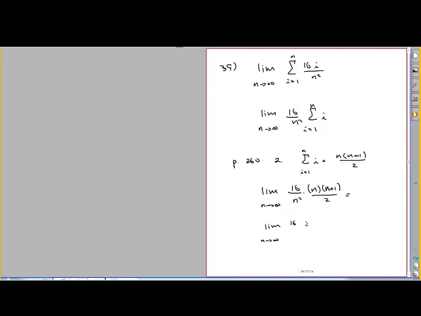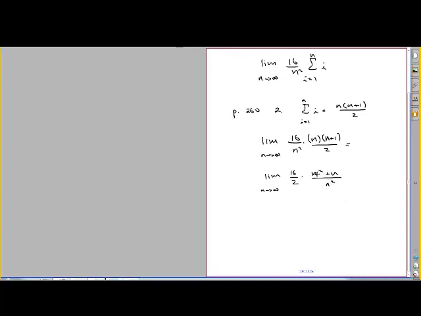So let's put 16 out front, and actually let's bring the 2 out as well. So I'll put that 2 from here. And then inside the parentheses we're going to have n squared plus n, that's from here, n times n is n squared, n times 1 is n, divided by n squared.